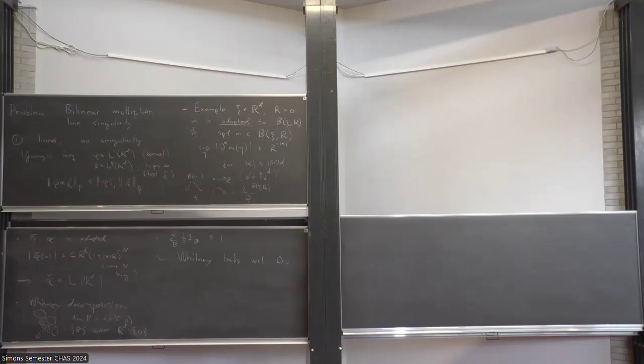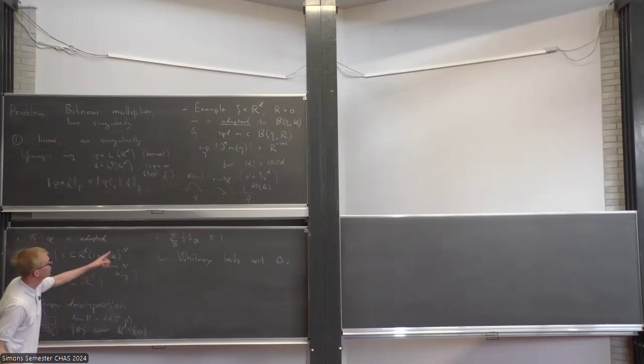And once you have this kind of cover, you can form a partition of unity in the standard way. For each ball, you map it to the unit ball. You create your standard function. You bring it back, you get something adapted, and then you do the standard sum of each of the functions over the sum of all of them, which gives you the partition of unity.